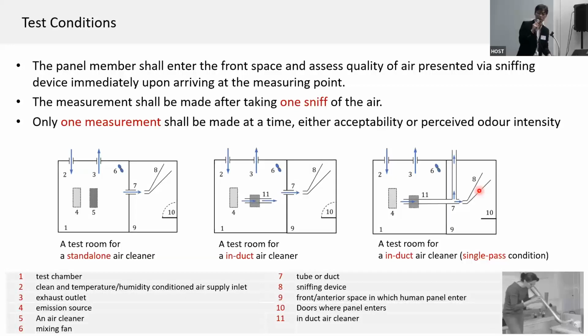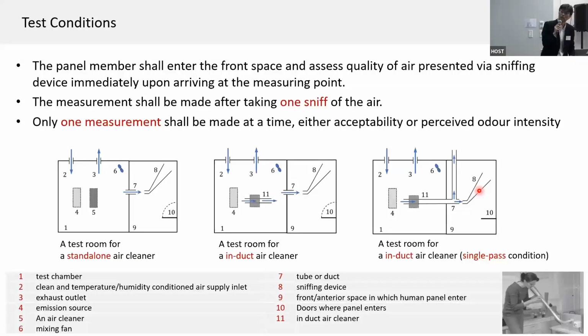These are the test conditions, and you can see three schematic diagrams: test room for standalone air cleaners, test room for induct air cleaners, and test room for induct cleaners, especially for one-burst conditions.